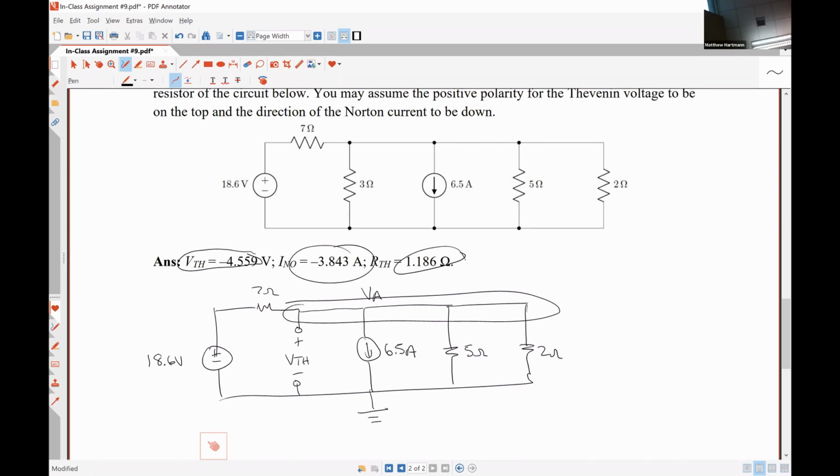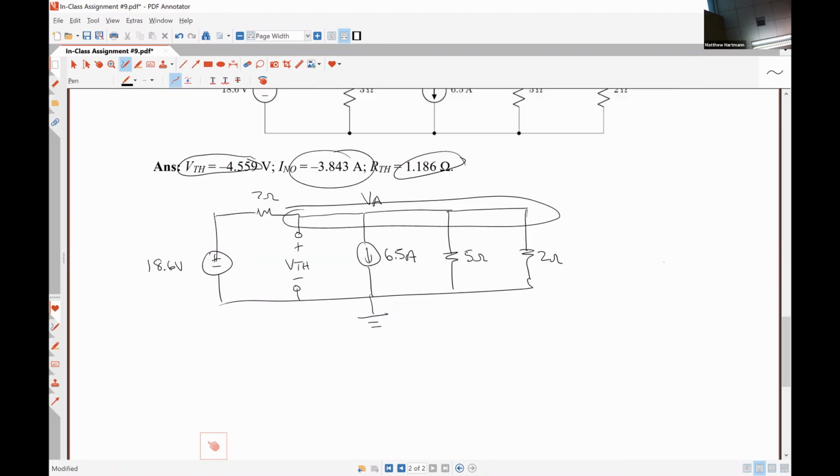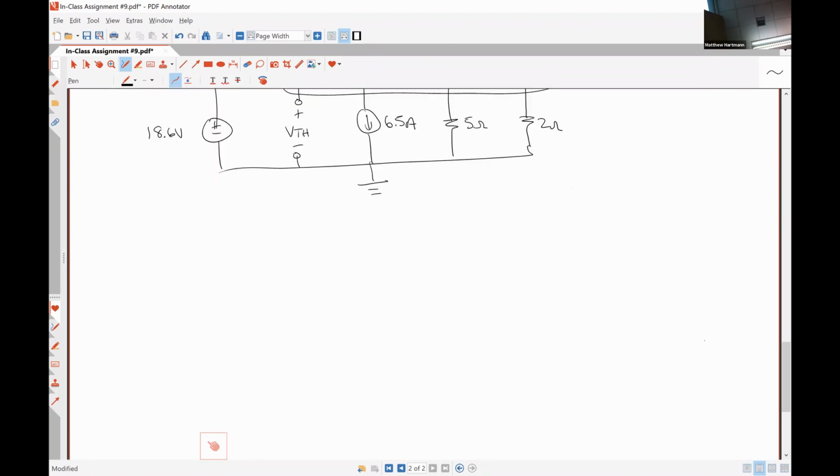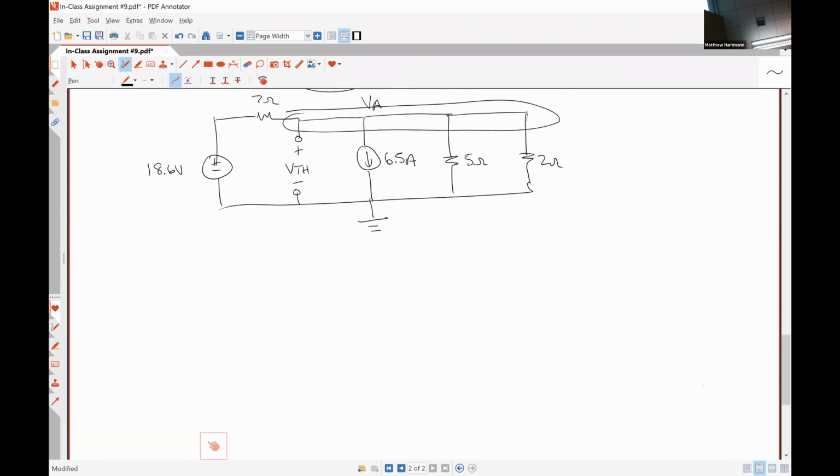Any other questions? All right, one last thing that may not be super obvious from what we've done today: once we know the Thevenin voltage, the Thevenin resistance and the Norton current, we can draw a Thevenin or Norton equivalent circuit.